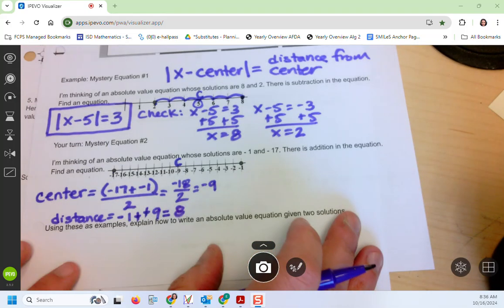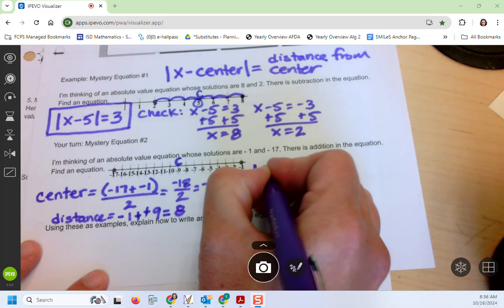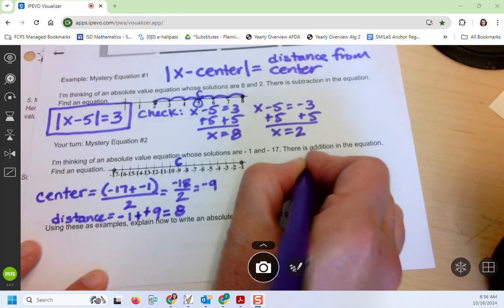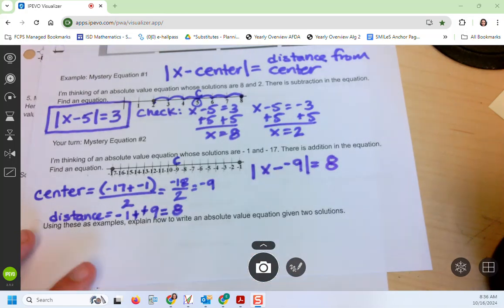I'm going to still use x minus center equals the distance from the center. So it'd be x minus -9 equals 8. Now for some of you, I saw x minus 9 on your paper. And remember, x minus -9 doesn't mean the same thing as x minus 9. Because when you have 2 minuses, it makes a what?